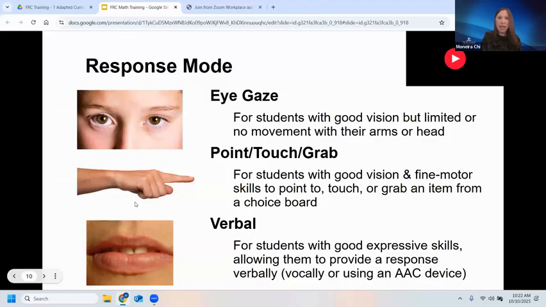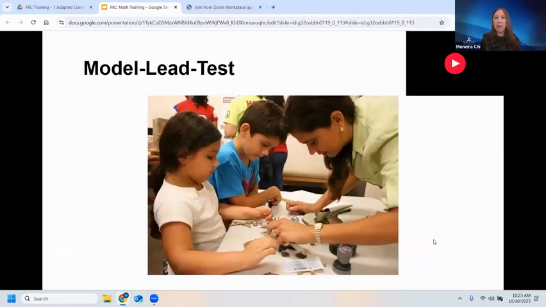All right, so hopefully that shows you a couple of different examples of how in one classroom alone, there are a variety of response modes: eye gaze, pointing, touching, matching, that children can use to make their wants and needs known and also to communicate their responses.